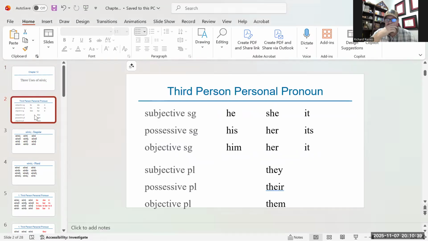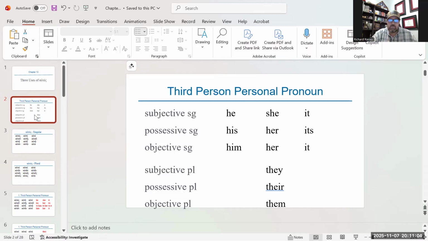Greek. So just as a reminder or review, when you look at the third person personal pronoun in English, you have the subjective singular, he, she, or it. You have the possessive singular, which means possession, like you own something, his, her, its.